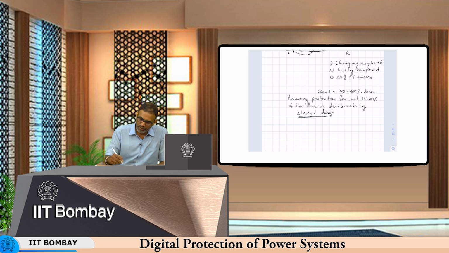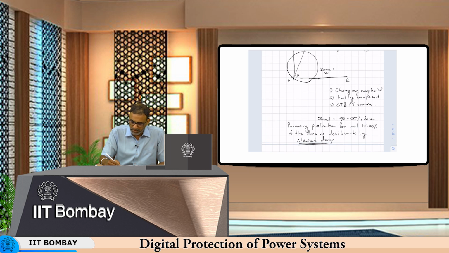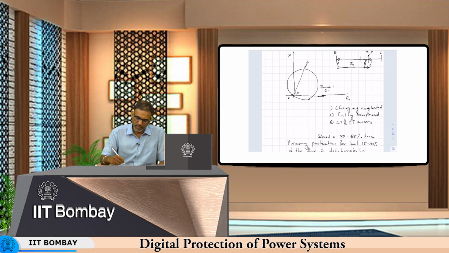So what do we do? We define another zone of protection, which is zone 2. Because this is zone 1, we define another zone of protection. And how long does it extend? It can extend up to B, but just to be sure, since we are extending it in any way, we also extend it a bit beyond B. How much beyond?